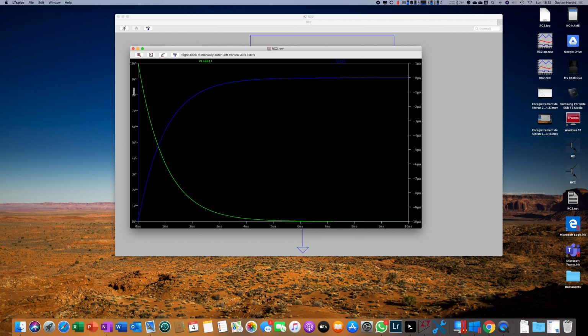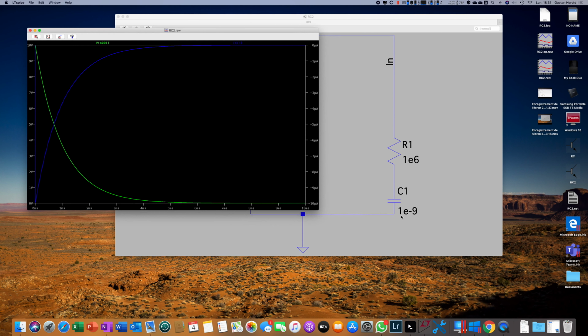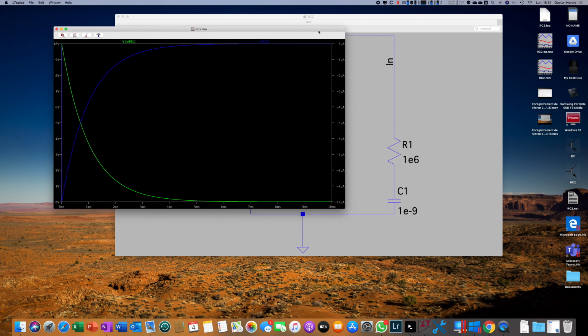For example, the voltage that is at 10 volts when the circuit is on goes down exponentially to 0 volts, and the current, here I will adapt the scale to 0 amperes, that was at minus 10 milliamperes, goes up to 0 milliamperes. Why minus 10 milliamperes? Because the capacitor discharges, so the current goes in the opposite direction, here from bottom to top, whereas we measured it from top to bottom.